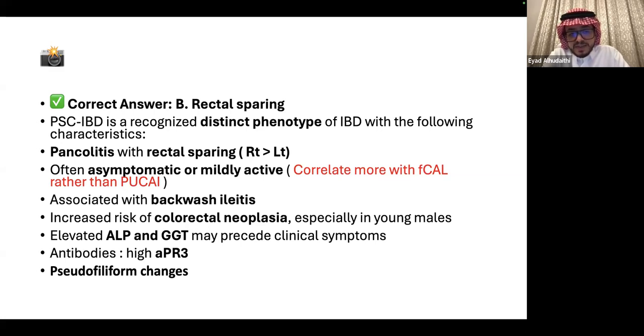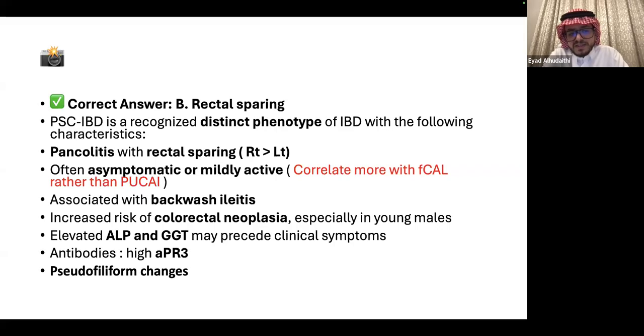Elevated alkaline phosphatase and GGT may precede clinical symptoms. That's why it's important to keep an eye on those blood work every time you ask the patient to come in. It's also associated with high anti-VR3, as we said before.